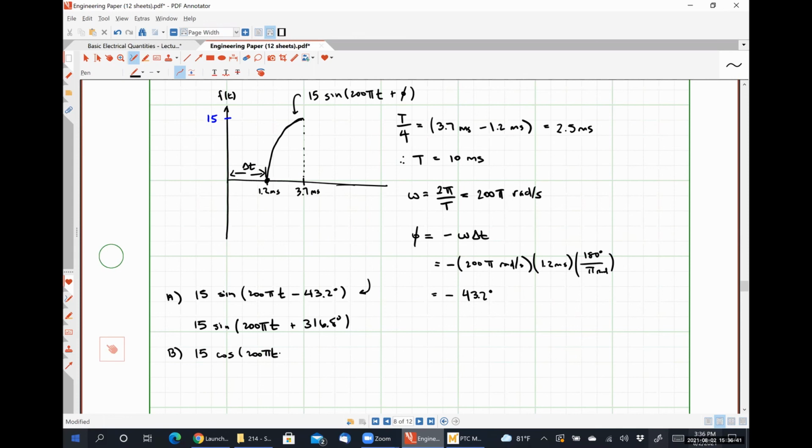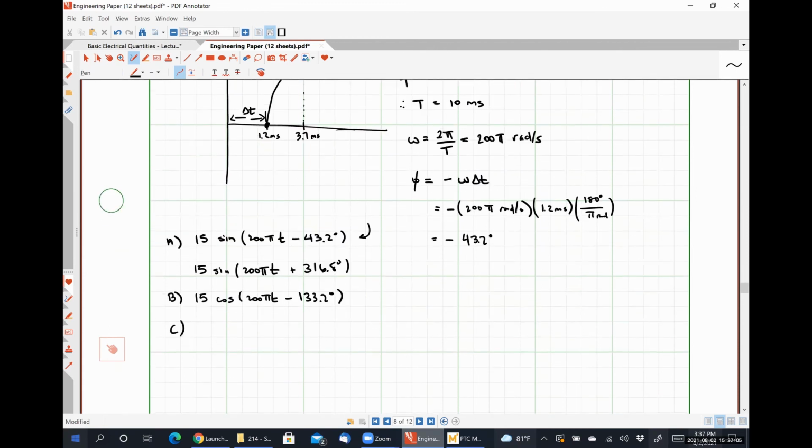And so now I need negative 43.2 minus 90 degrees, which is negative 133.2 degrees. So as long as my angle is within negative 180 degrees to positive 180 degrees, it has the smallest possible magnitude. So this is our answer to part B.